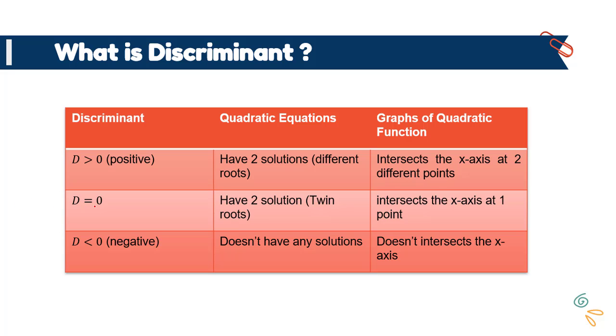For D equal to 0, the quadratic equation has one solution or twin roots, and the graph intersects the x-axis at one point. And the last, for D less than 0, or negative, the quadratic equation doesn't have any solution, and the graph doesn't intersect the x-axis.